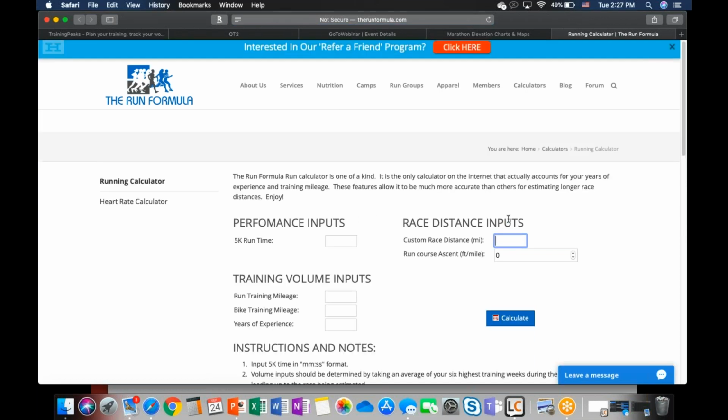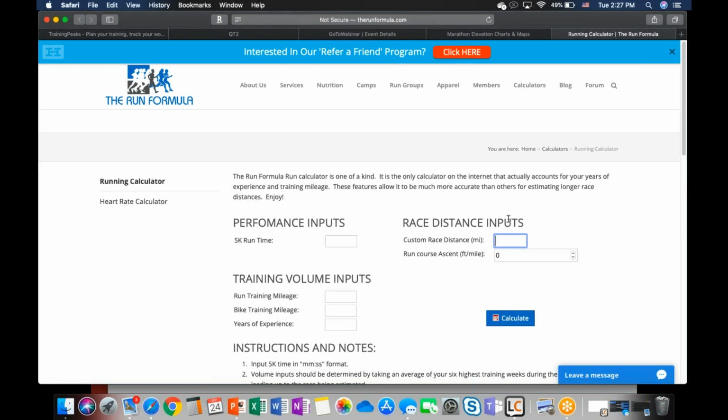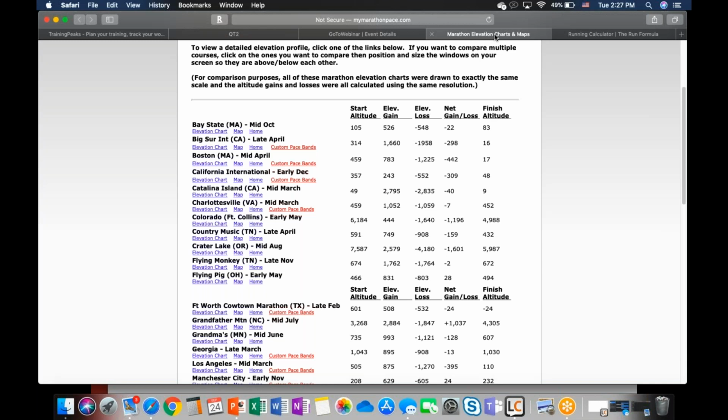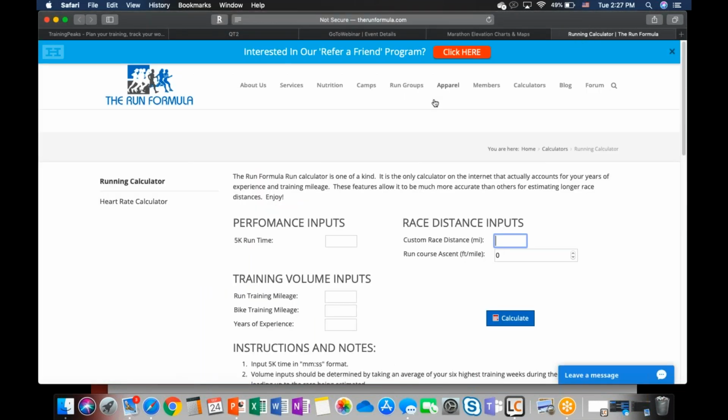So let's just use an example of a marathon. Let's use the example of, we're going to run the Bay State Marathon. It has 526 feet of total elevation gain. So the custom distance is 26.2 miles. It has 526 feet.